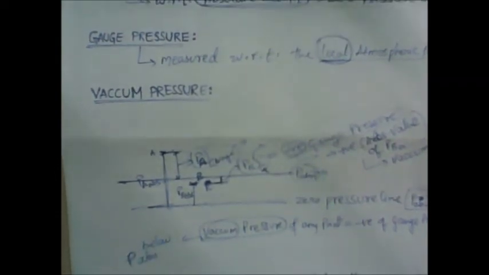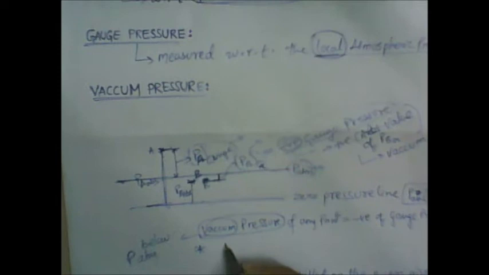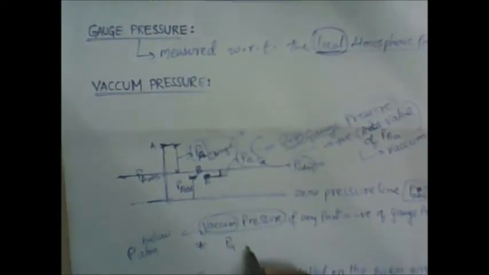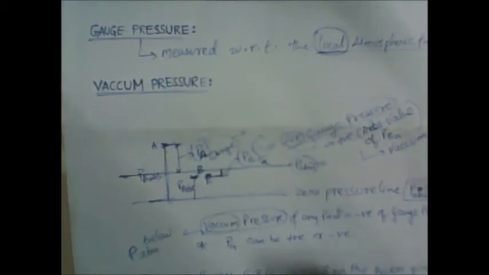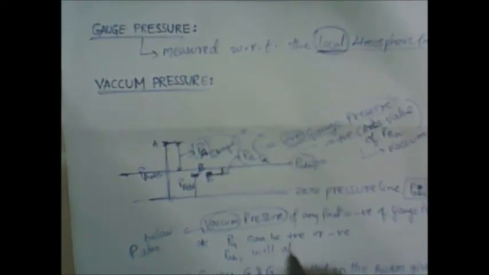Okay. Now one more thing to note is, from the above we can conclude that gauge pressure, depending on whether it is above or below atmospheric pressure, can be positive or negative, but absolute pressure will always be positive, because 0 is the last and least value that pressure can reach.